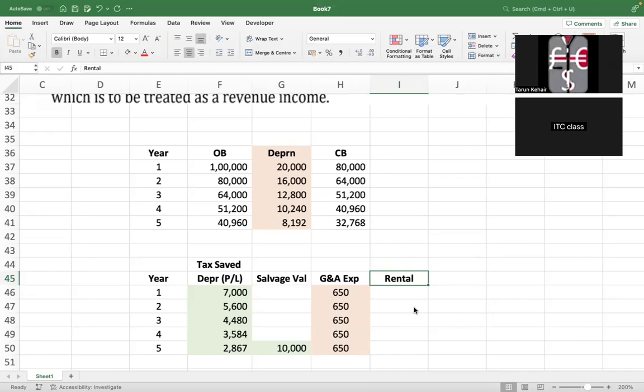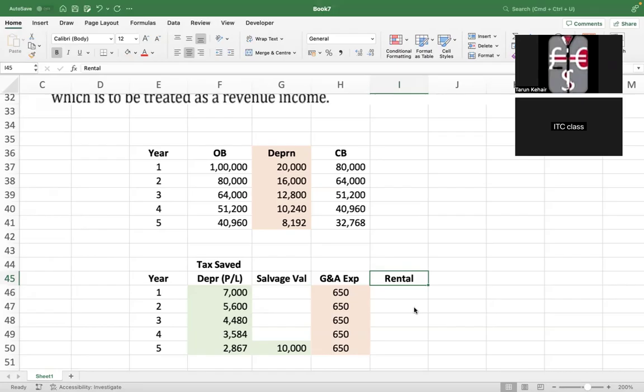How much tax is that? 1,750. So because of this expense, how much is the tax saved? And how much is your expense? So what's your net cash expense? Cash expense will be your expense minus the tax saved on it, because any expense which goes to your P&L will save tax.